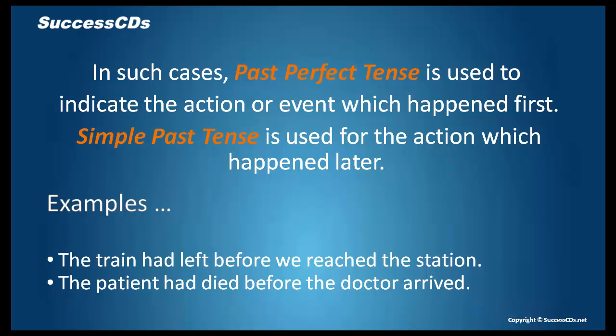We have to use the past perfect tense. We reached the station later, the doctor arrived later. Here, although this event also happened in the past, it happened later. So we have to use the simple past tense. This is what we have to remember.